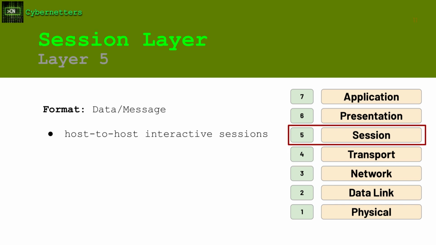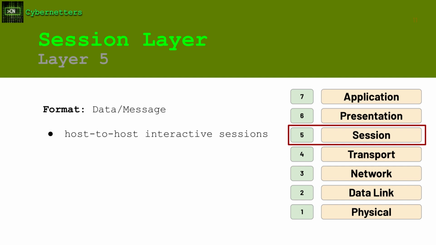So now we have the session layer, which is also known as layer 5. Think of the session layer like a host of a virtual meeting. Its job is to coordinate the interaction between two devices. The data at this layer are basically just data or messages, which are just actual pieces of information.